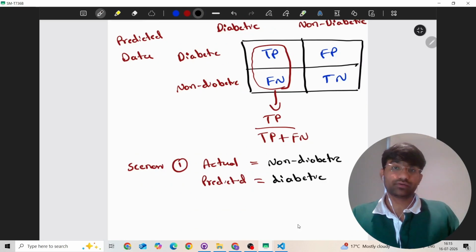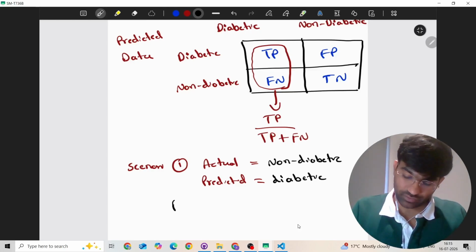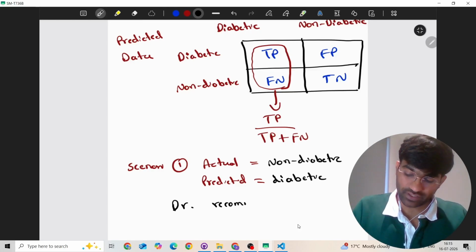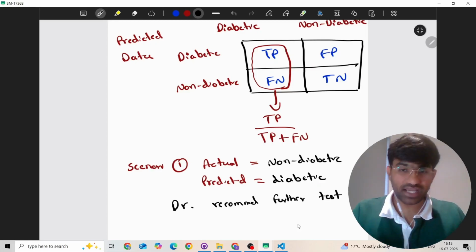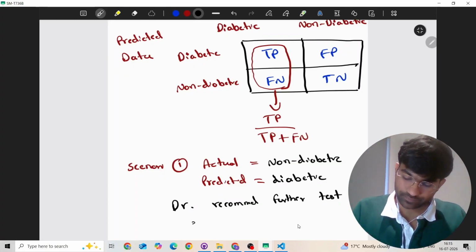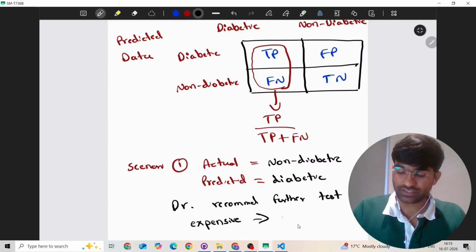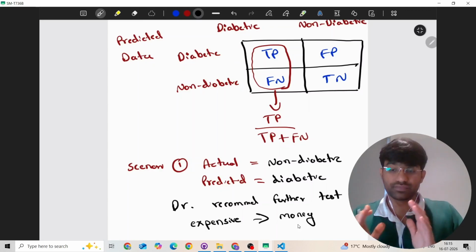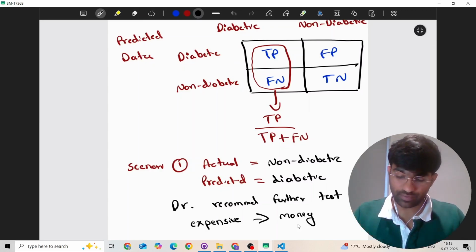So what will be the next process? The doctor will recommend further tests to confirm whether the patient is diabetic. It will be expensive. So the patient has to spend money and go for further medical procedures to confirm whether he is diabetic or non-diabetic.